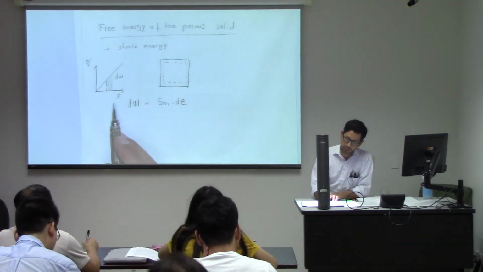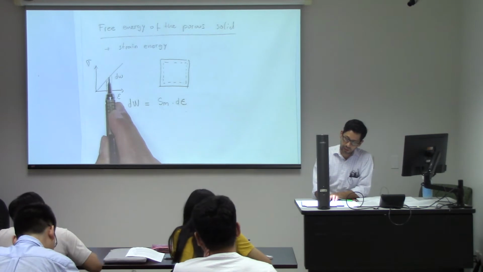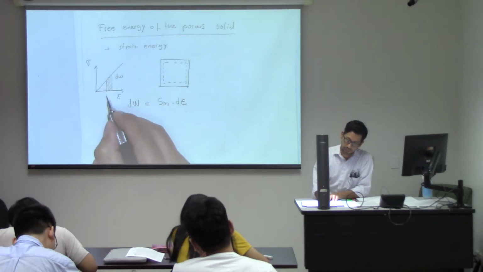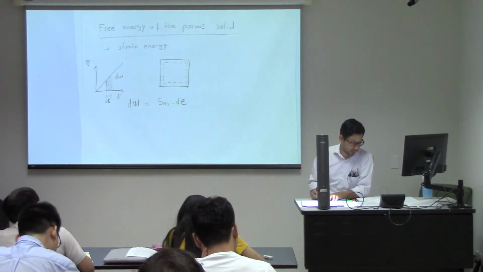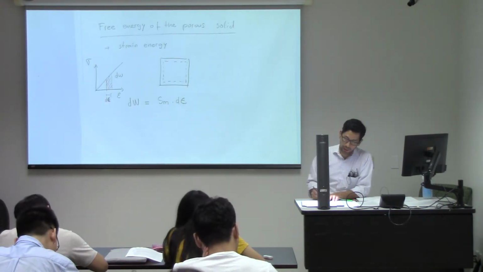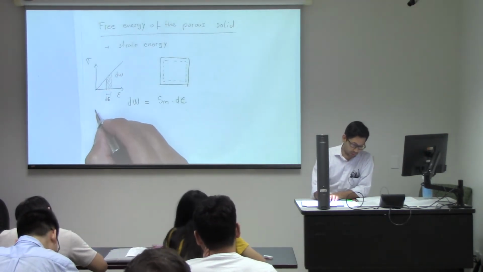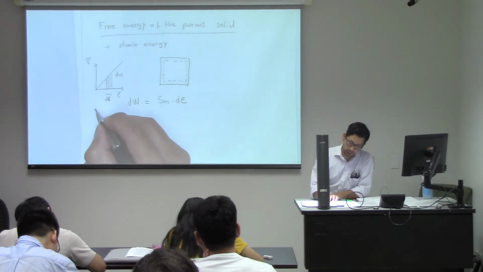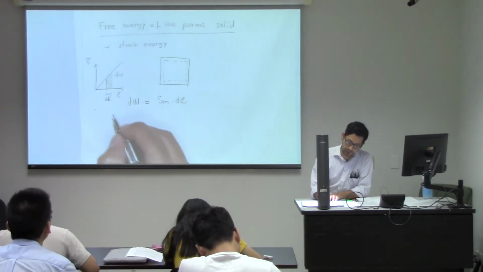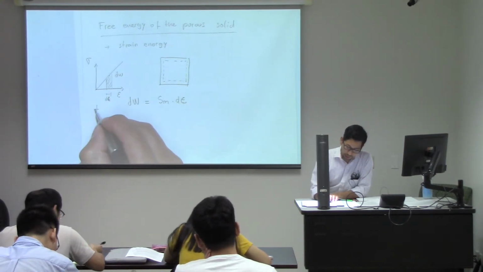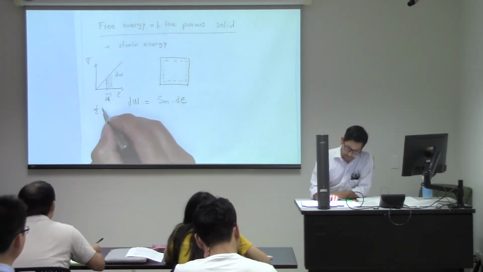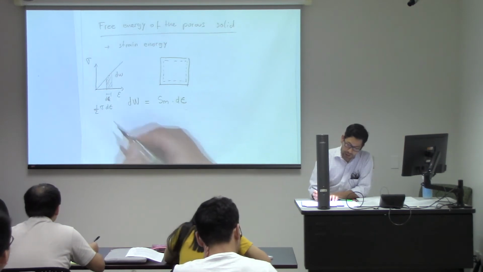And that's going to be equal to stress times the variation of strain. And because it's going to be underneath that line, it is going to be 1/2 of sigma times dE.